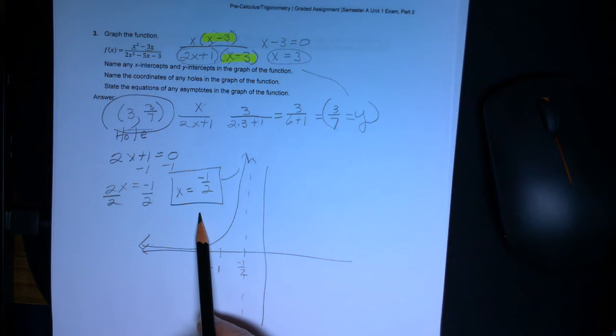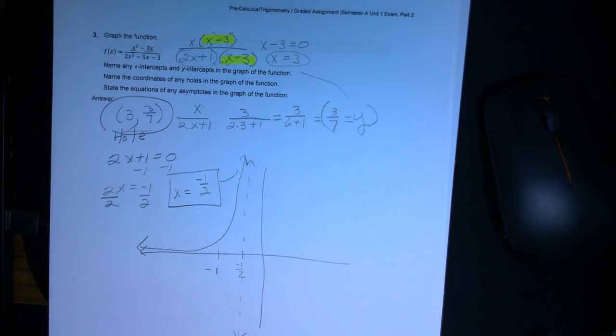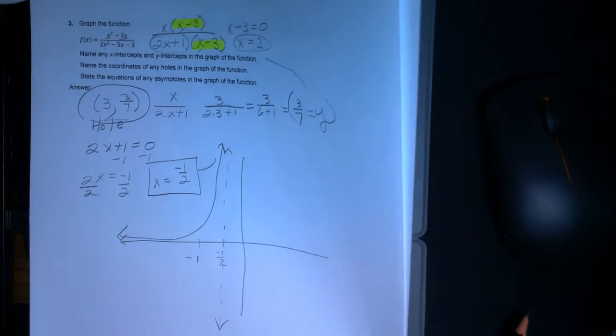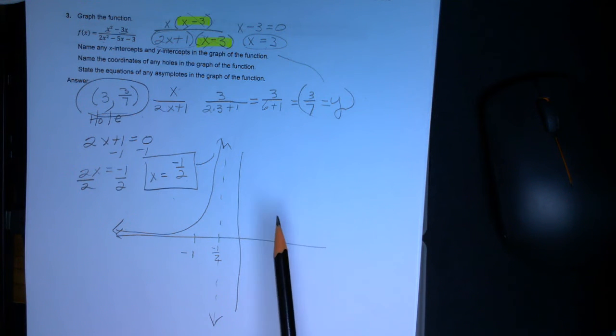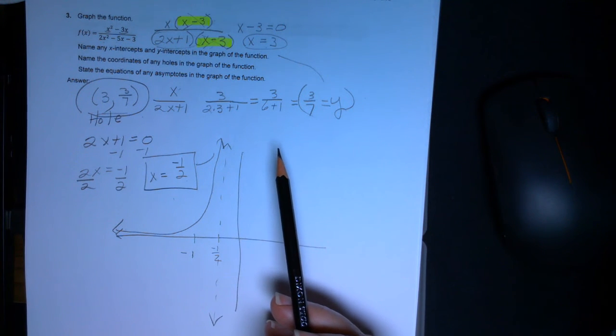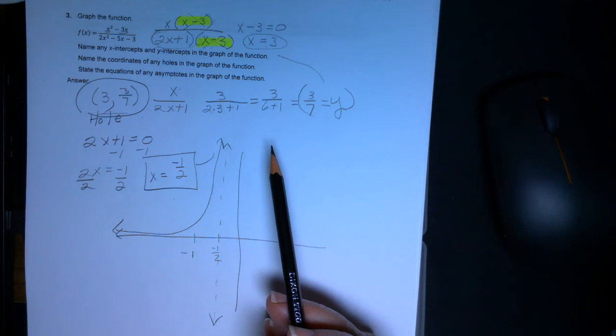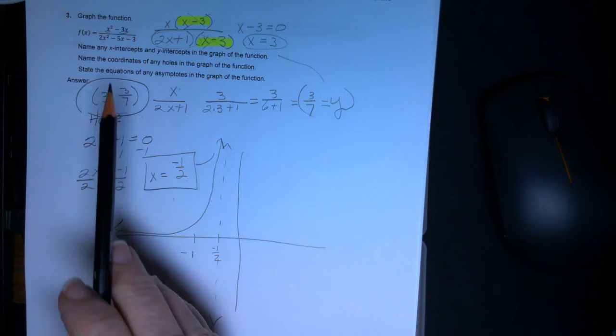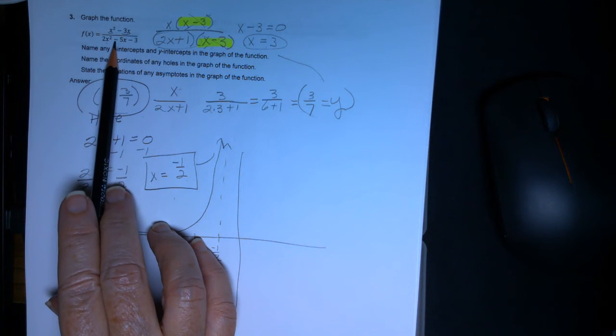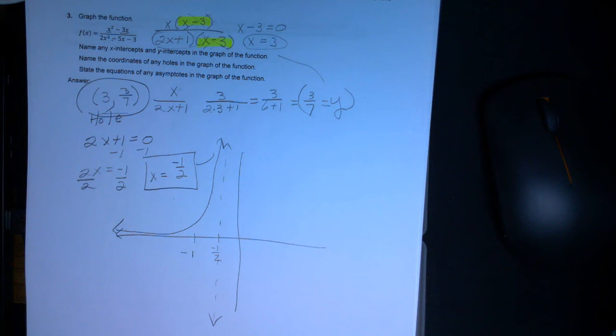And there's another thing I didn't consider. I need to find the horizontal asymptote. So when these two are equal, do I have a horizontal asymptote?